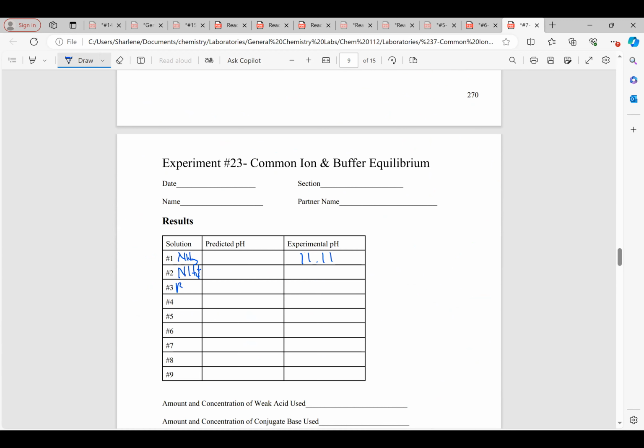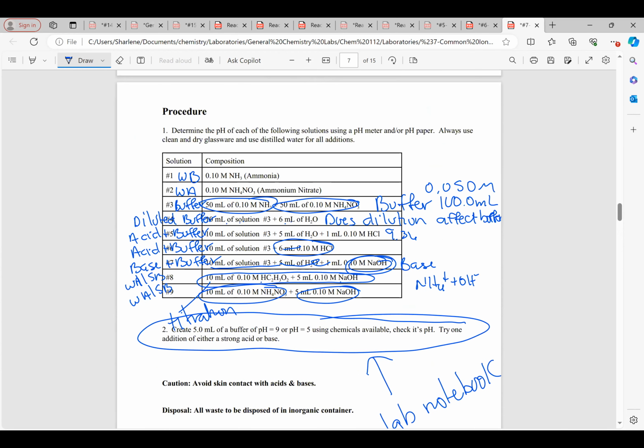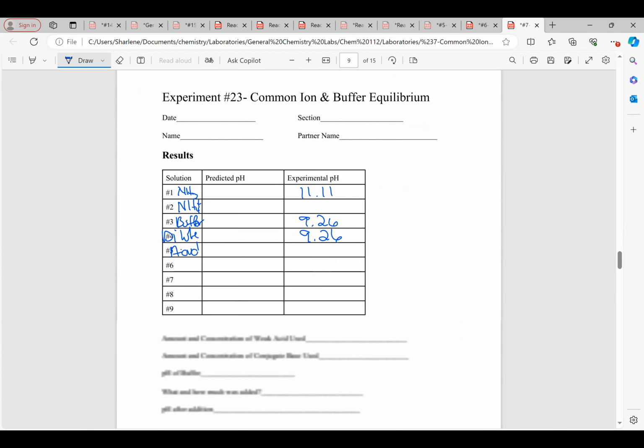This one was the buffer. And then this one, we're adding things to the buffer. This one was just diluted, so we figured it was still 9.26. This one added acid to it. And what did we get? 9.36. And we didn't calculate number 6, 7, 8, and 9.